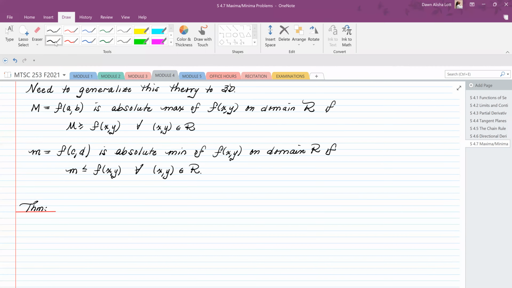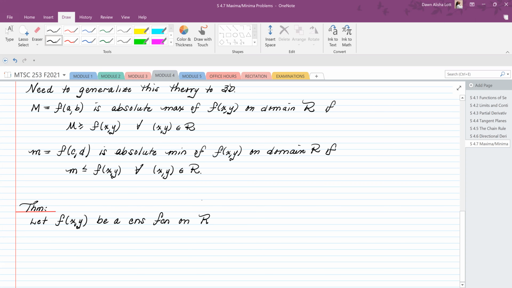And my theorem says, let f of x, y be a continuous function on the domain R.